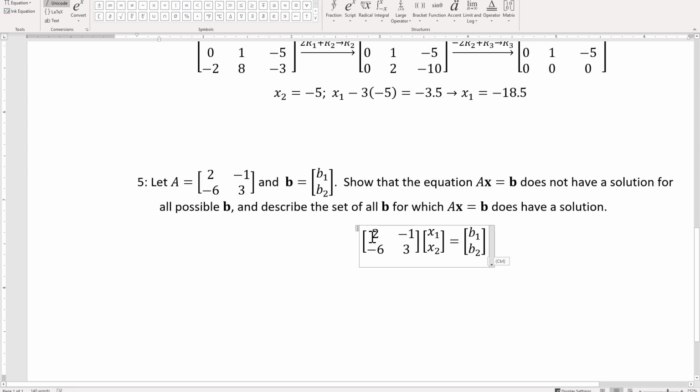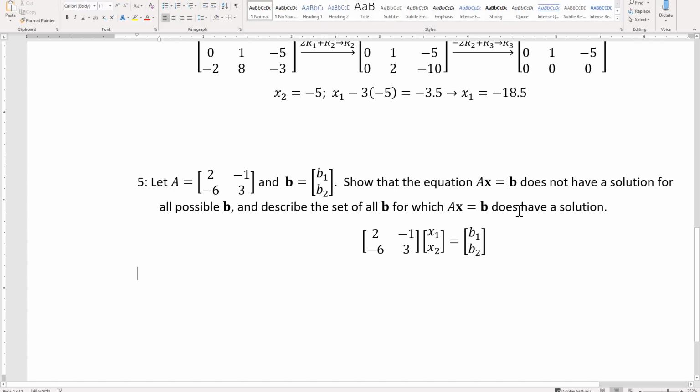What does that mean? That means we could take this first vector, the column 2, -6. So we can actually take that column vector. Let's see if we can rewrite this properly.